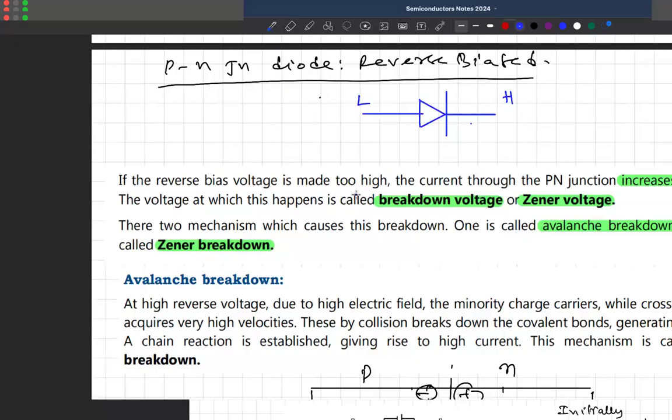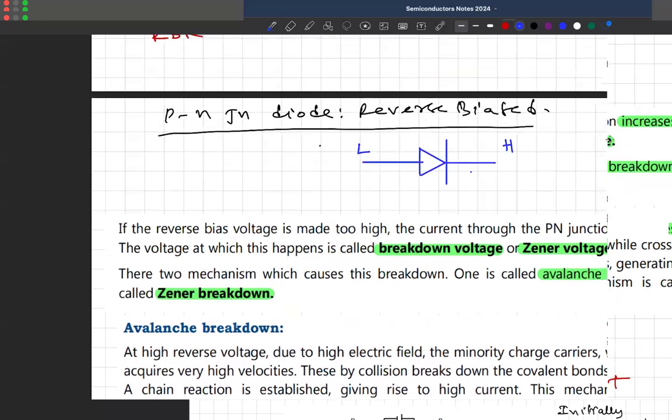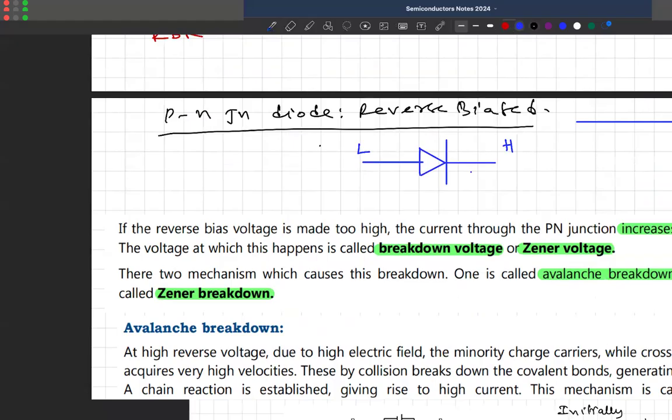If the reverse biased voltage is made too high, what happens? The current through the PN junction increases rapidly. Try to remember the graph. This is how you will find the graph.